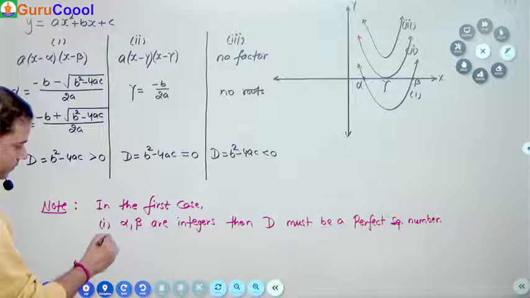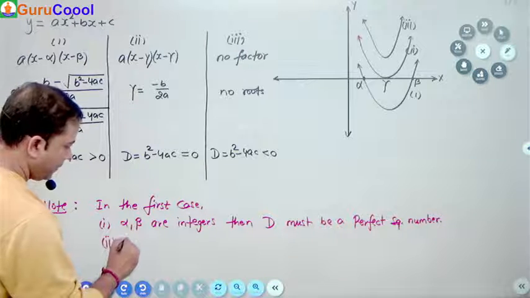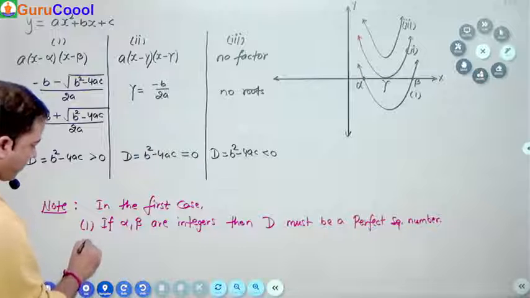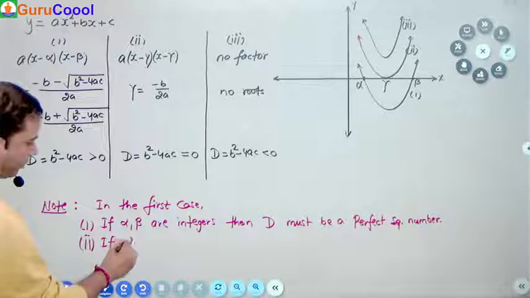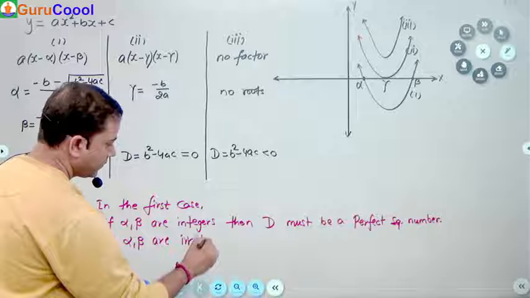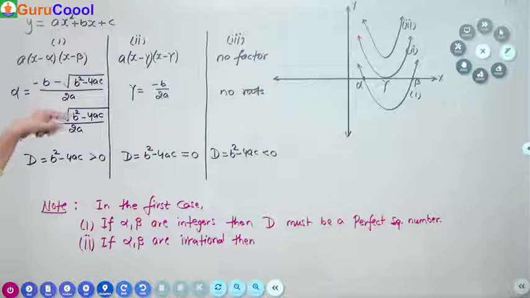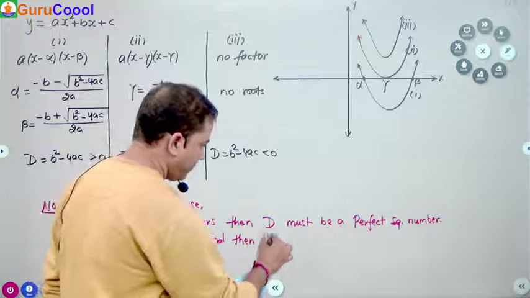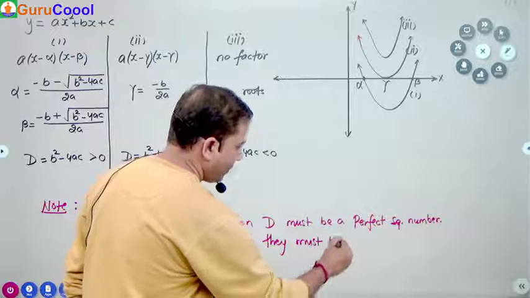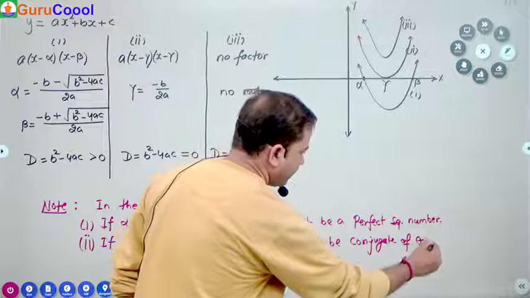The second thing is, if alpha and beta are irrational numbers, then they must be conjugate of each other.